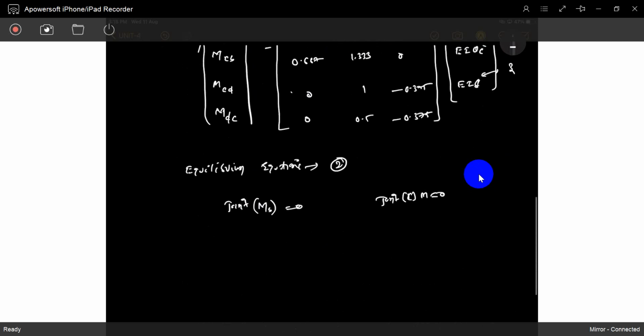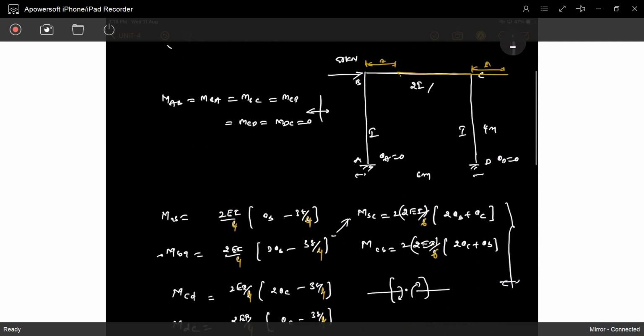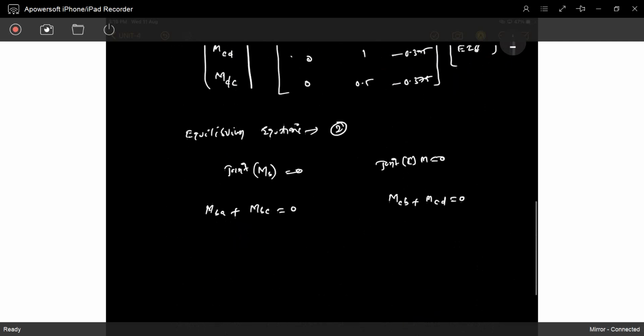So write it: MBA plus MBC is 0, MCB plus MCD is 0. We have two equations, but we need another equation. What is that equation? Yesterday I wrote it, so once again you have to see it.